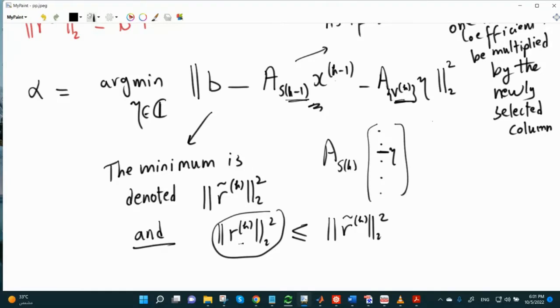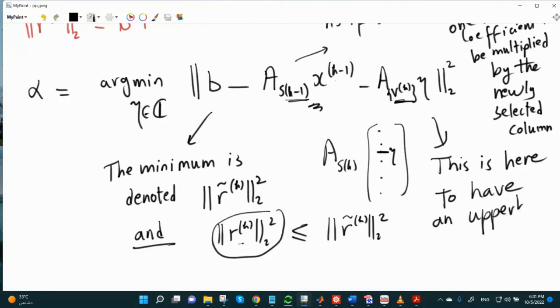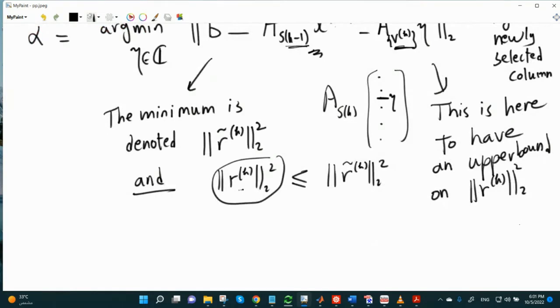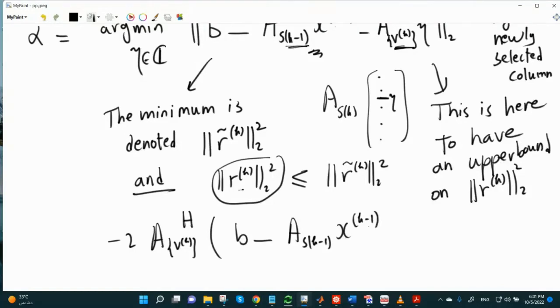Okay, so again, this step is here to have an upper bound on the quantity of interest, which is the L2 norm squared of the residual vector R of K. Now again, if we differentiate, if we get the gradient, so this now will be alpha, and this is equal to 0.